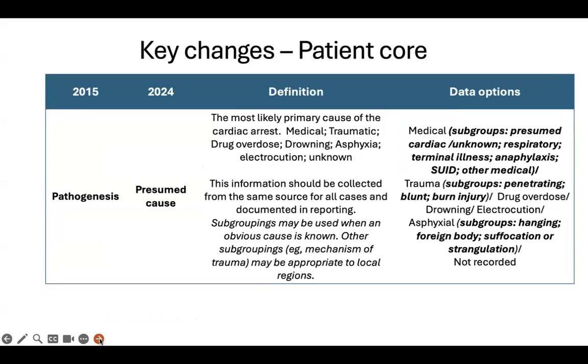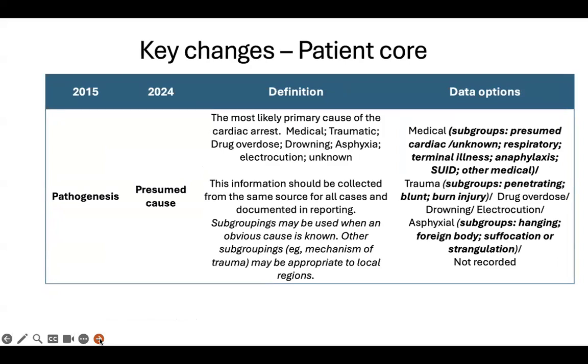Another big point that I want to spend a bit of time on is the idea of presumed cause. In 2015, the word pathogenesis was used, which we recognize not many people may understand. So here we are clarifying that we are talking about the presumed cause of the cardiac arrest.